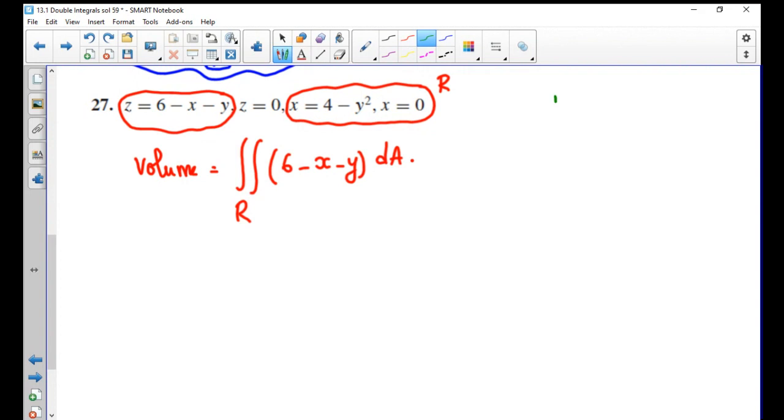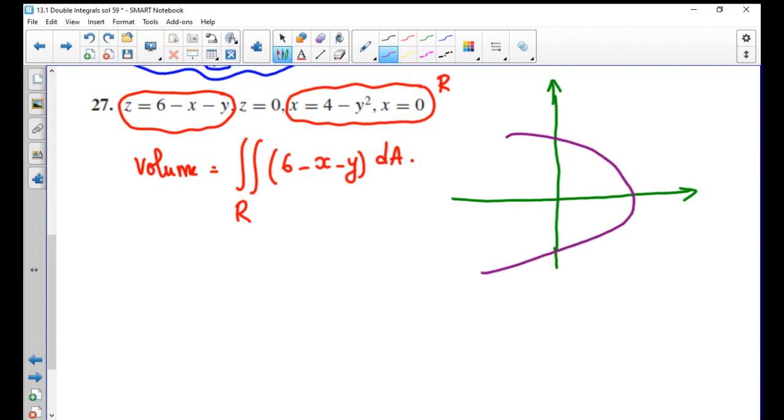Then the next step is to look at the region itself. x equals 4 minus y squared is a parabola, yeah? It's going through the point 4 here, and its axis is the x-axis.